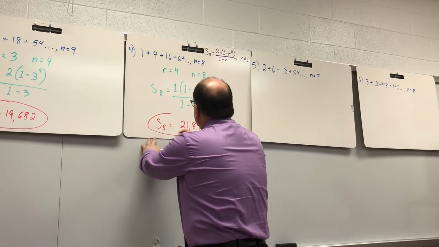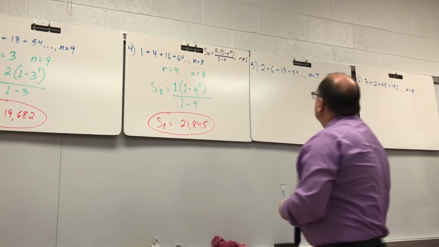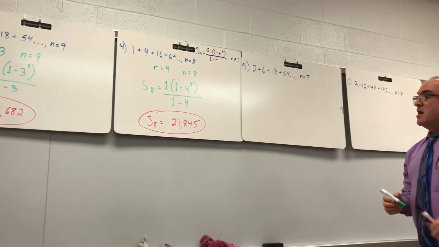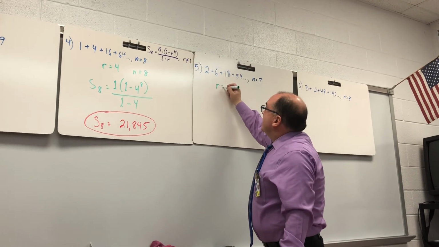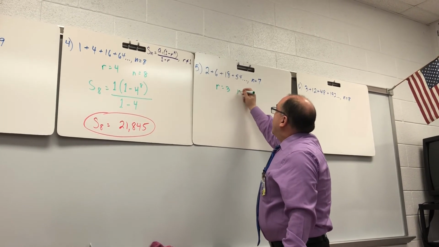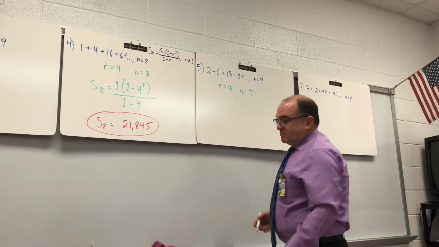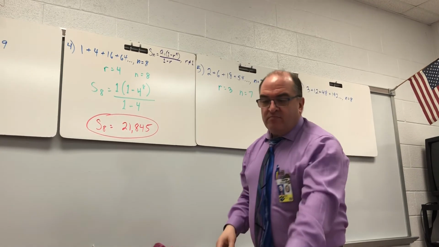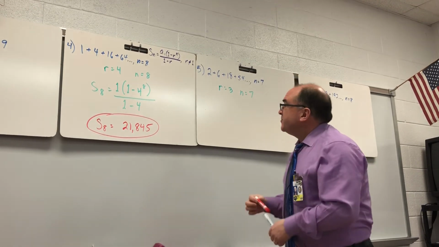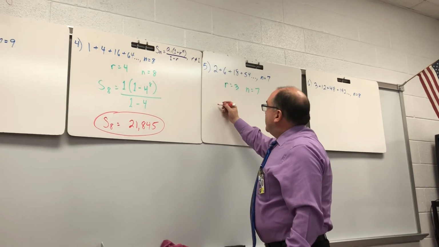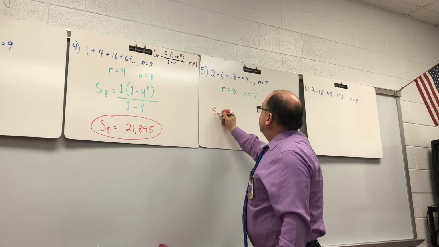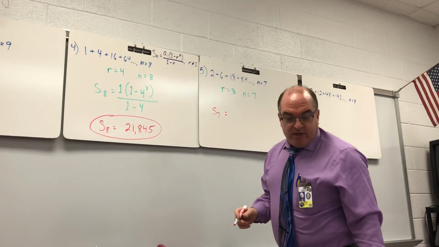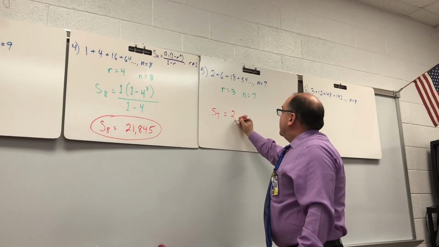Okay. All right, looking over here, R is going to be 3, N is going to be 7. And if you want to check at home, this one, S of 7, is going to be 2,186.